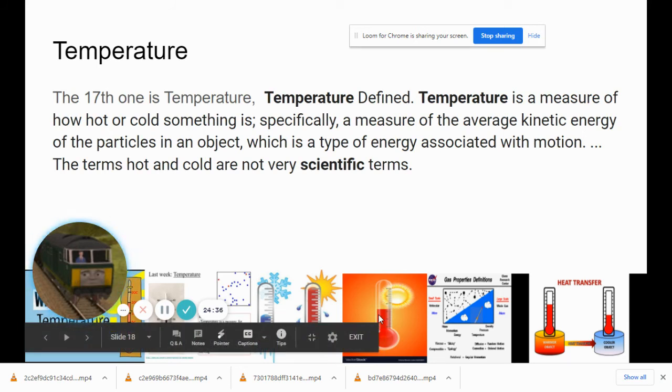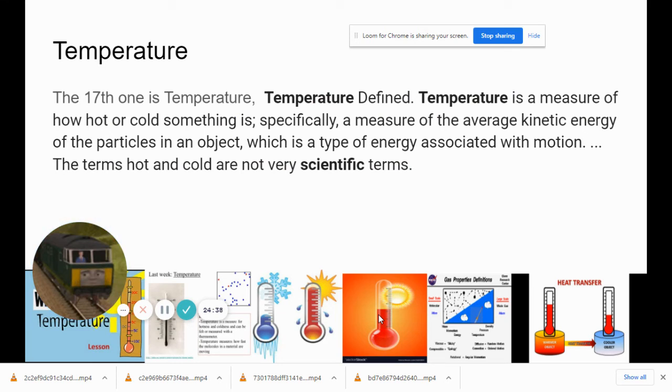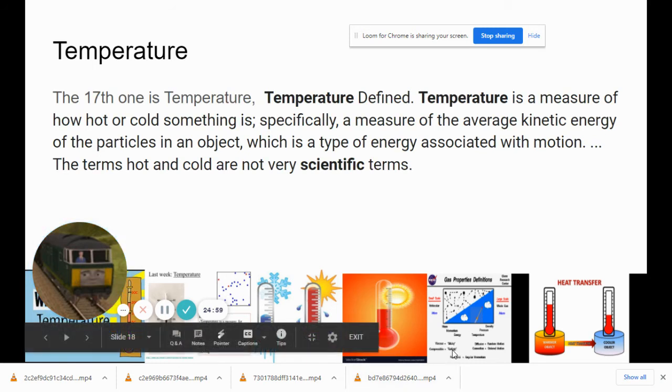The gas properties definitions, from the Glenn Research Center: large scale of whole gas, pressure, density, energy, temperature.